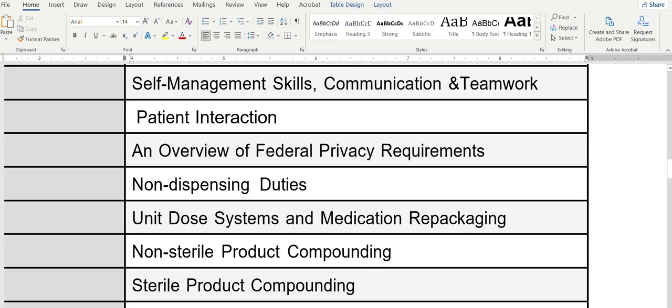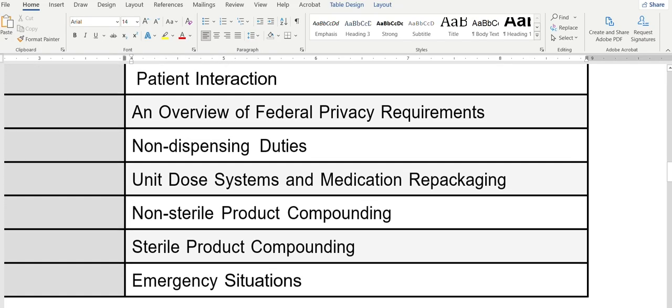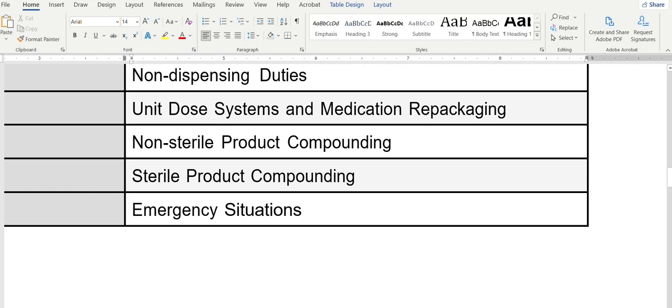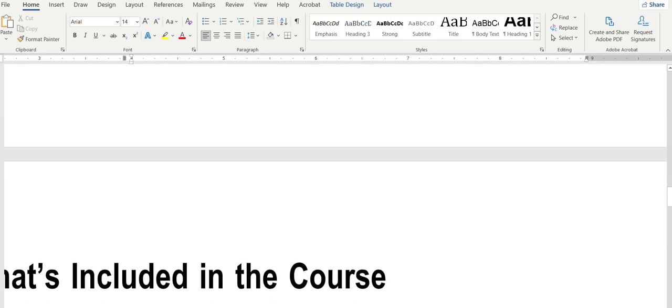You need those systems, and medications repackaging, non-sterile products. I think I've mentioned part of this. Emergency situation, safety. What do you do? Now, above all this, what we are looking at is this.